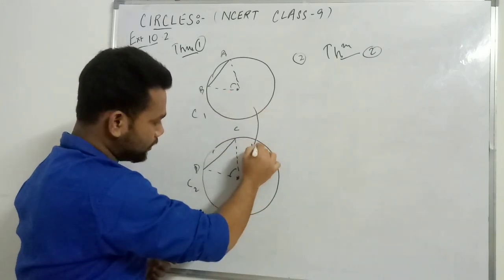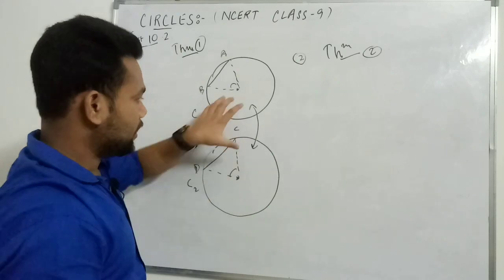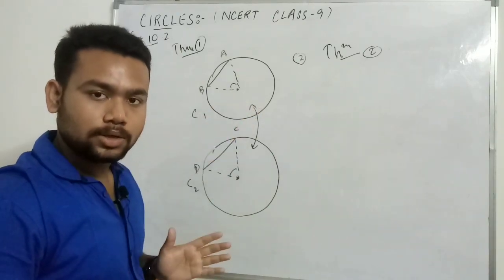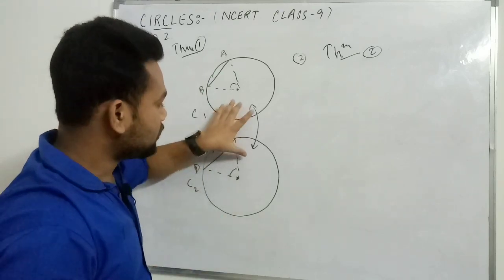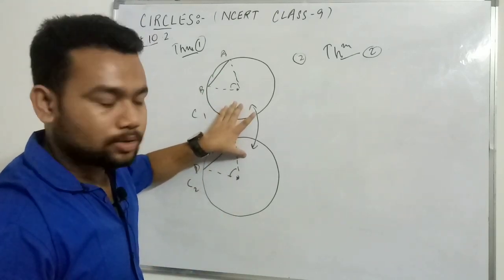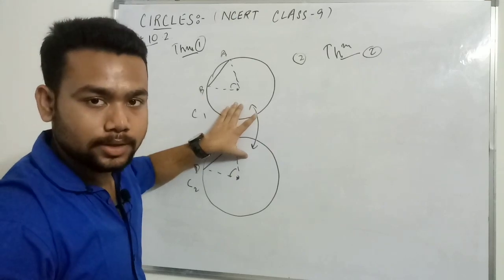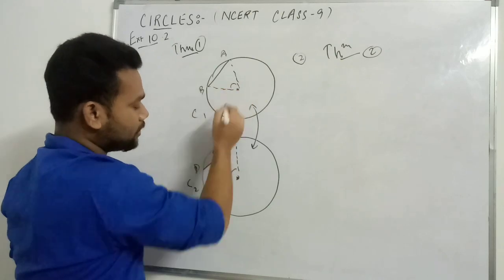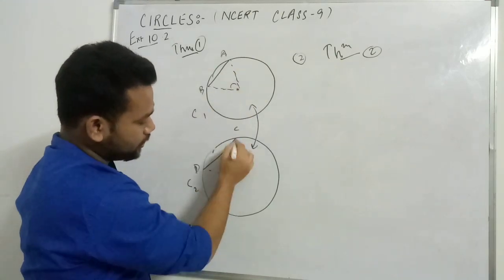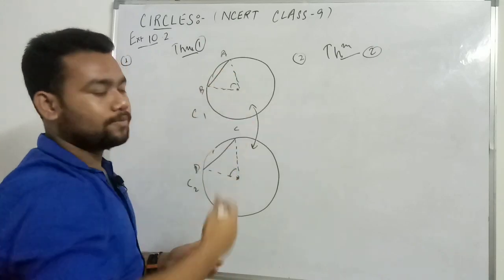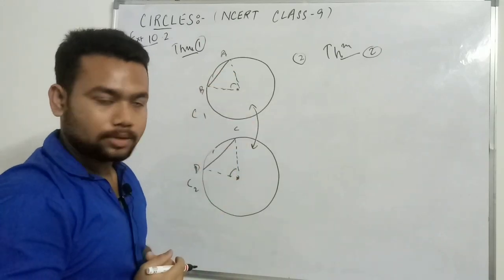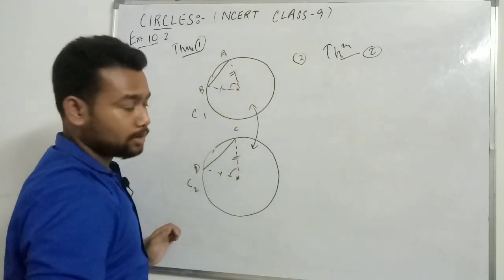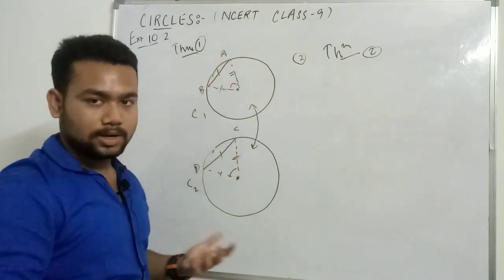Congruent circles do have equal areas, right? So since these two circles are congruent, they will have equal areas. Equal areas means this radius should be equal to this radius. Then only they will have equal circles, right? That means this is equal to this, and then this is equal to this, since AB is equal to CD, given earlier.